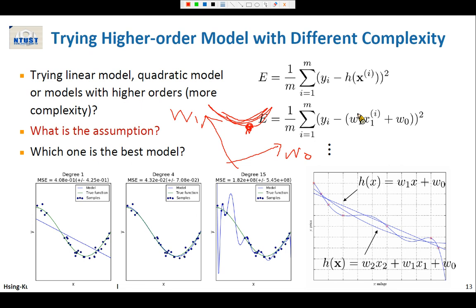One of them will give us a lower value than the value we have now, then we try that direction. We try that for several steps, and in the end we are going to reach the minimum. That's what we call gradient descent.